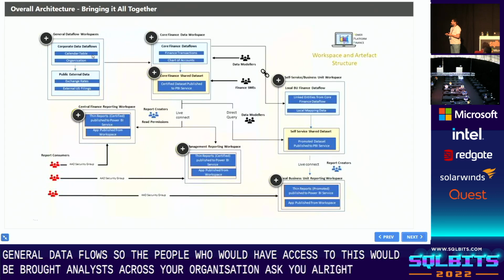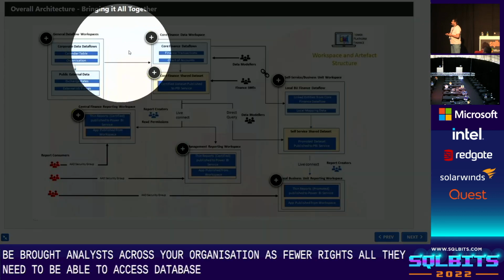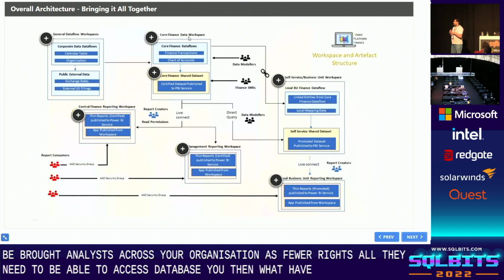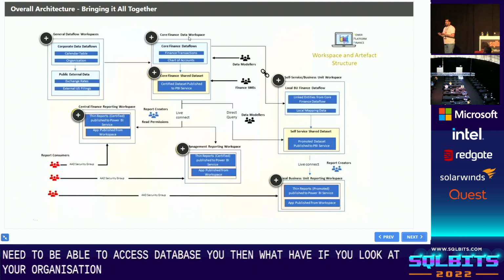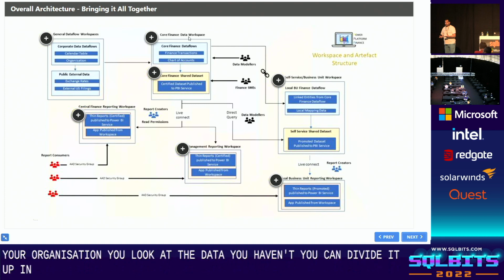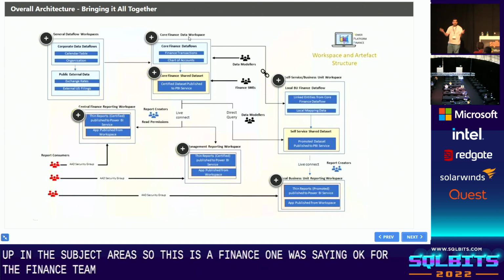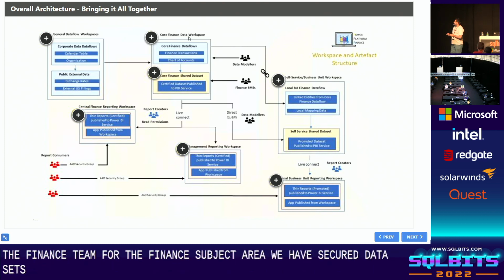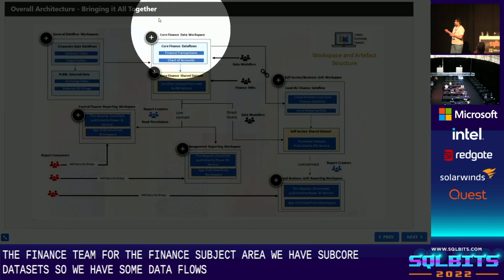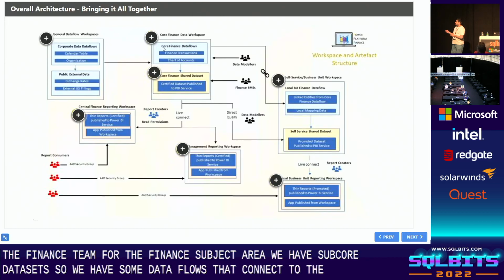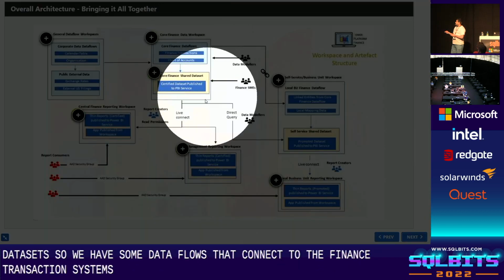That's all they need to be able to access data flows. If you look at your organization and the data you have, you can divide it up into subject areas. So this is a finance one where we're saying, okay, for the finance subject area, we have some core data sets. So we have some data flows that connect to the finance transaction systems, and we have shared data sets.